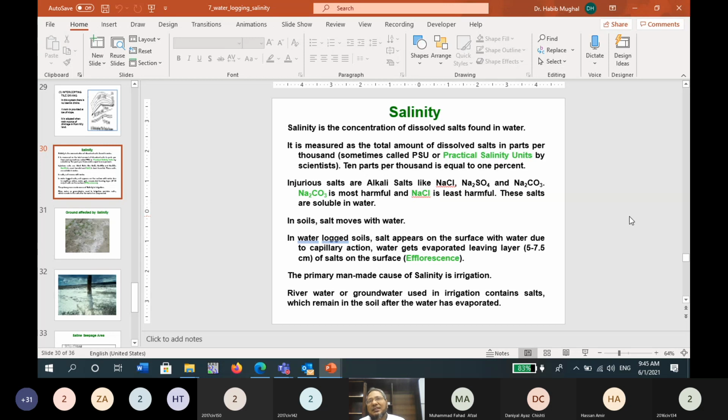Efflorescence is only this layer of salt which appears on the surface. तो वो efflorescence है. Efflorescence is an indication कि जनाब ये जो लैंड है ये कौन सी है? सेलाइन है ना? This land is a saline land.